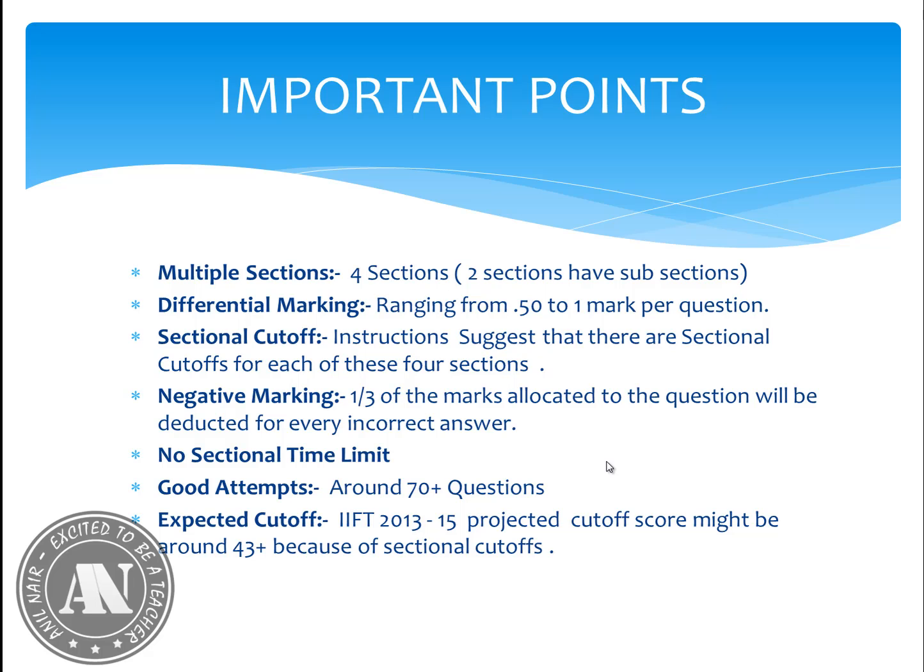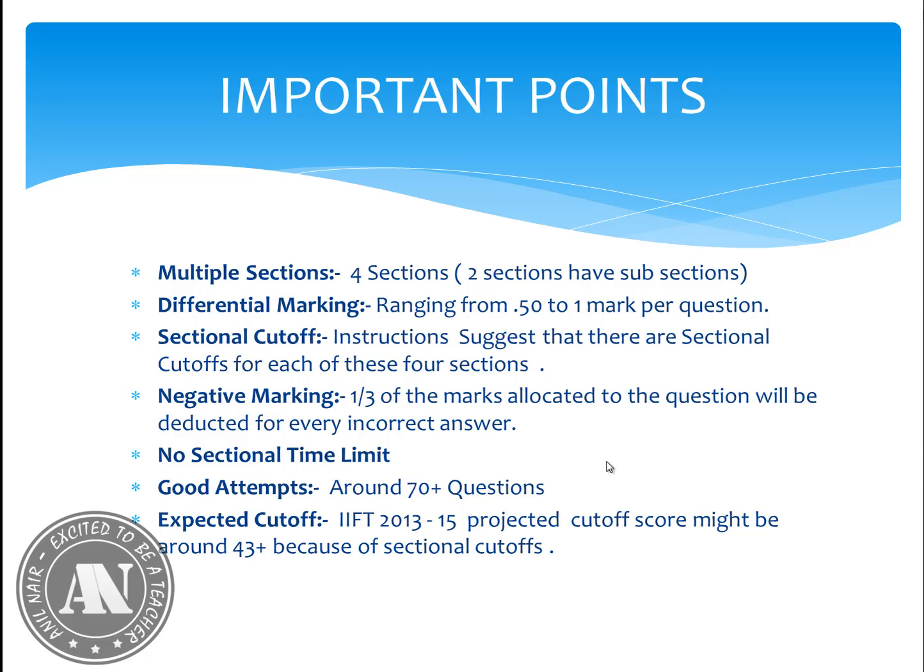One of the reasons for the cutoff going up substantially last year was that the number of students called for the second stage was reduced by around 10% in 2011 as compared to 2010. My experience is any score above 43 should be a good score to fetch a call.